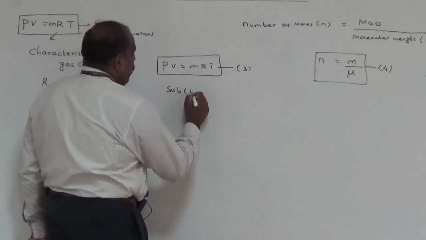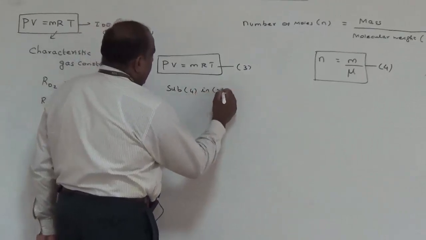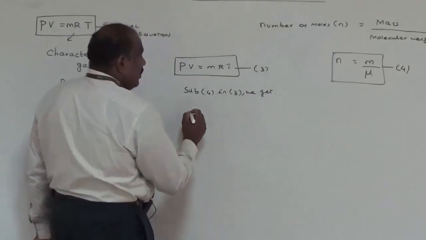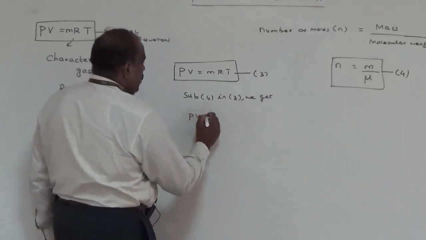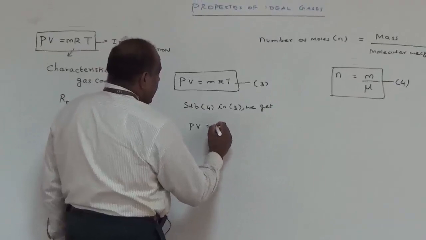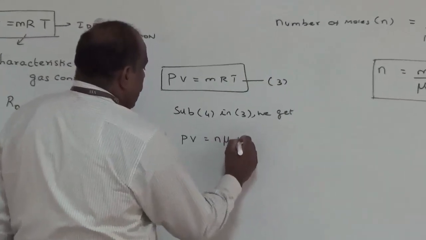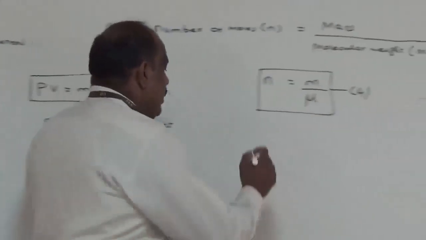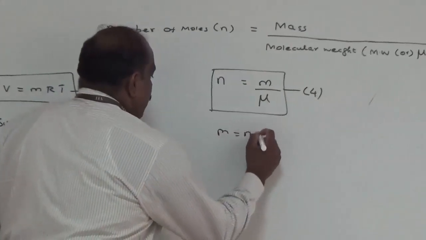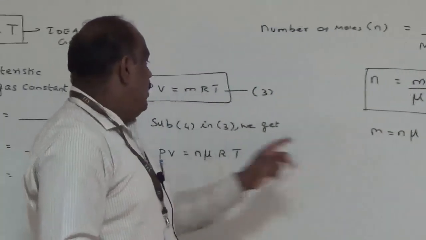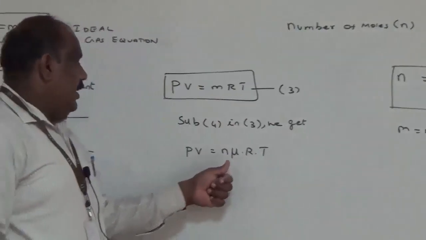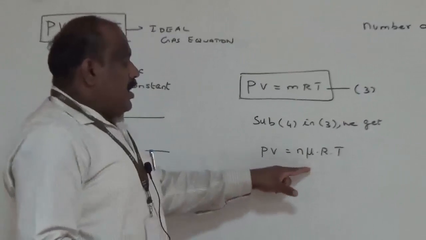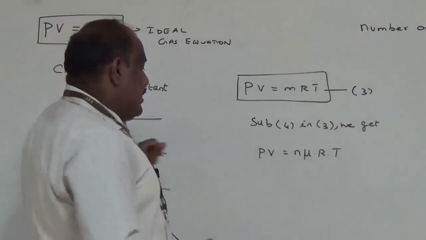Substituting 4 in 3, we get PV equal to n into mu into R into T, because m will be equal to n into mu from 4. So substitute for m in this equation. I will end up with n into mu into R into T, where mu is nothing but the molecular weight of the particular gas.